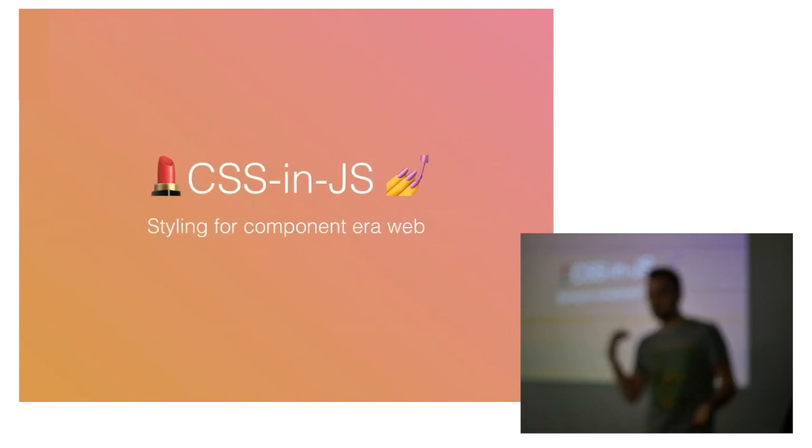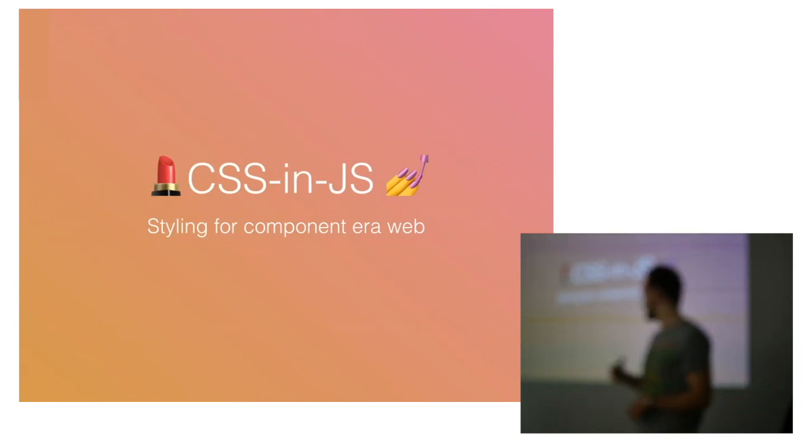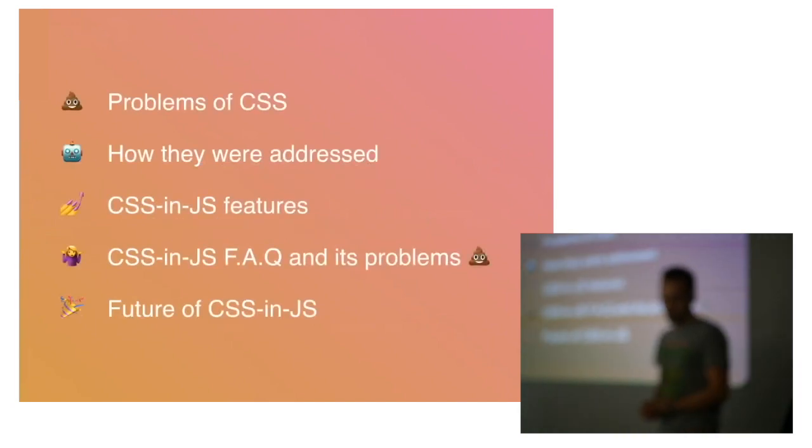So today's topic is CSS-in-JS, basically in React. The talk itself is going to be split into 5 parts. Basically, a brief introduction to the problems of CSS, because I think you all know them, so it makes no sense to spend a lot of time there. Then how these problems were addressed before CSS-in-JS.